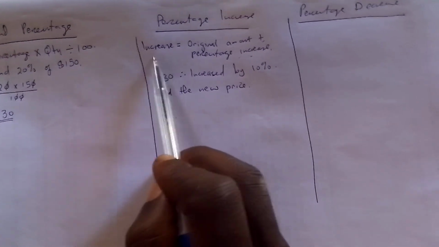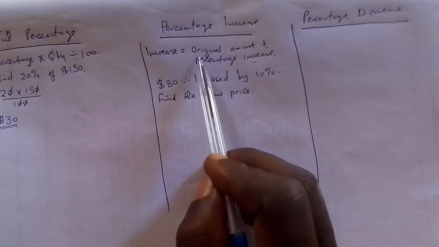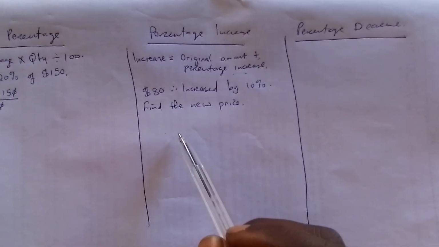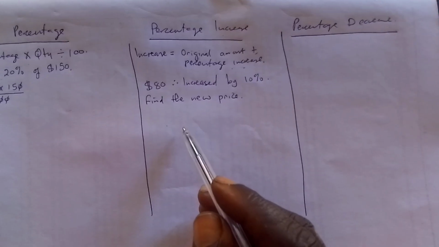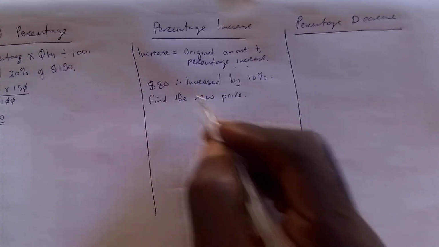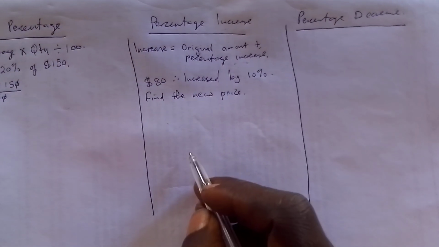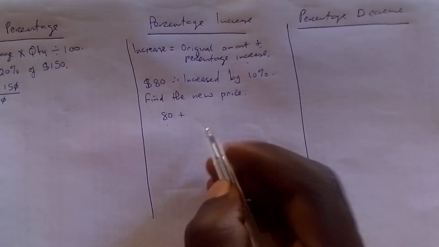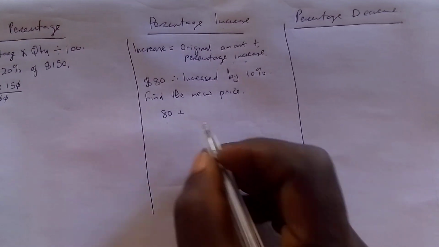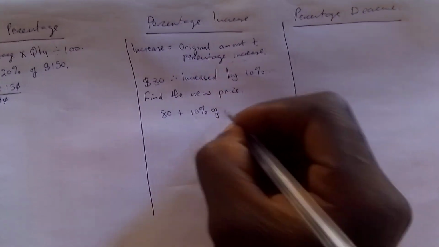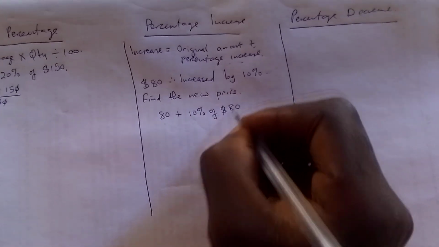Now, in order for us to find the increase, we need the original amount plus the percentage increase. Let's do our calculations now. The original amount is 80 plus the percentage increase, which is 10% of 80.